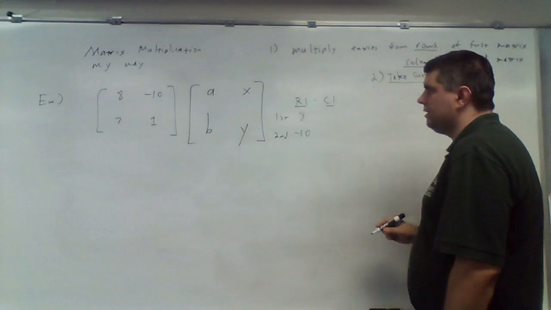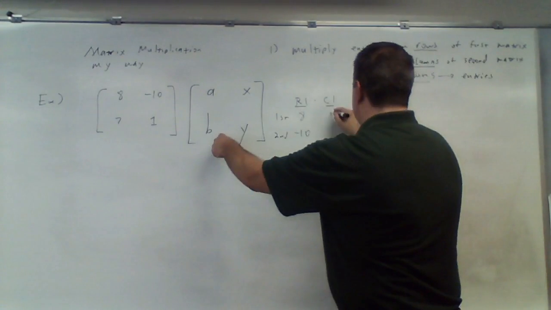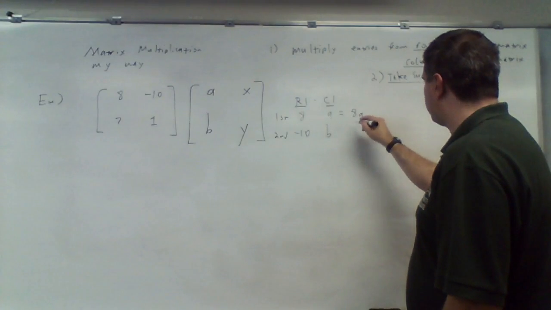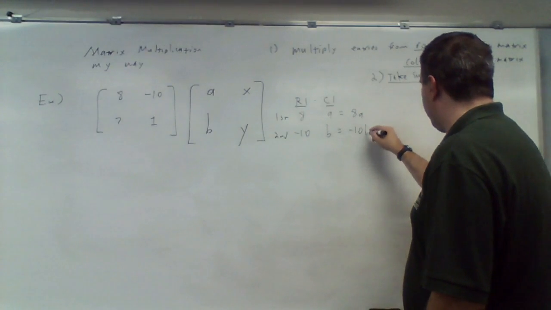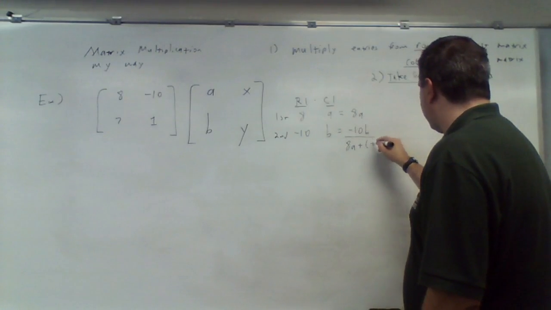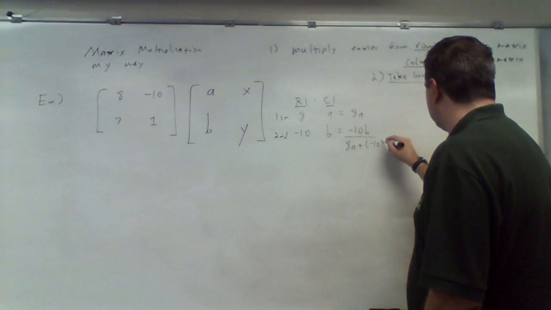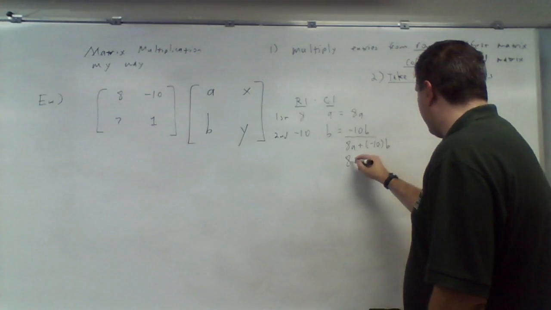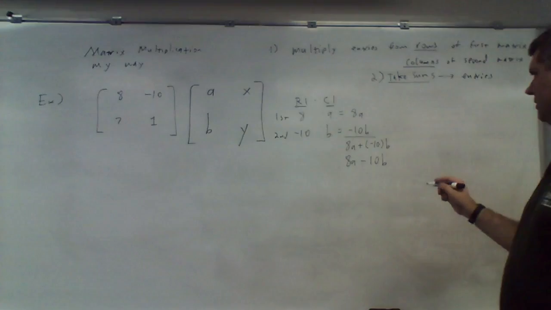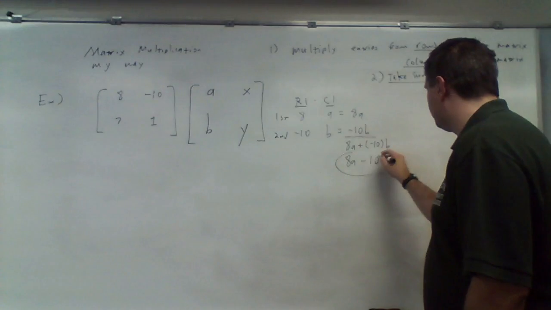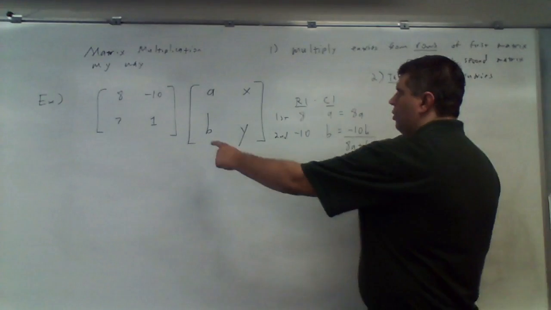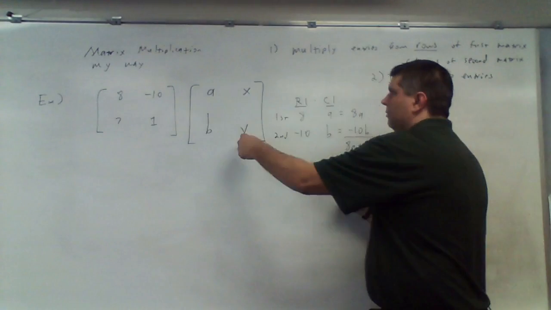Column 1, A and B. So this will be 8A when they're multiplied, and negative 10B. So the sum will be 8A plus negative 10B, which is 8A minus 10B. That's going to be an entry of a new matrix. Next I will do row 1 by column 2.